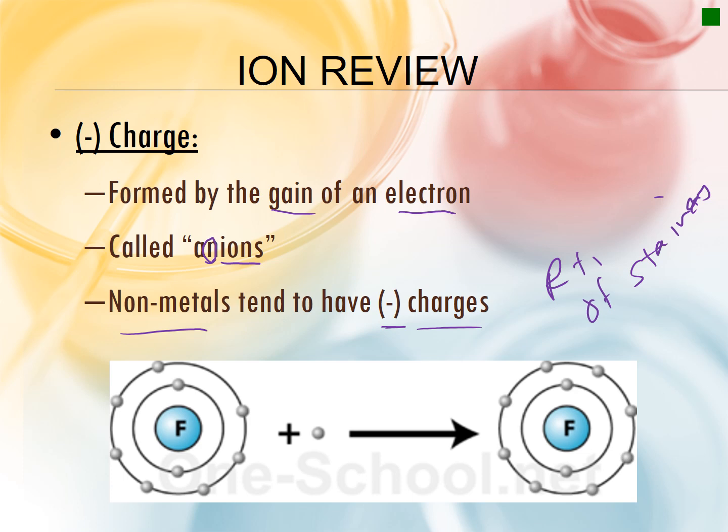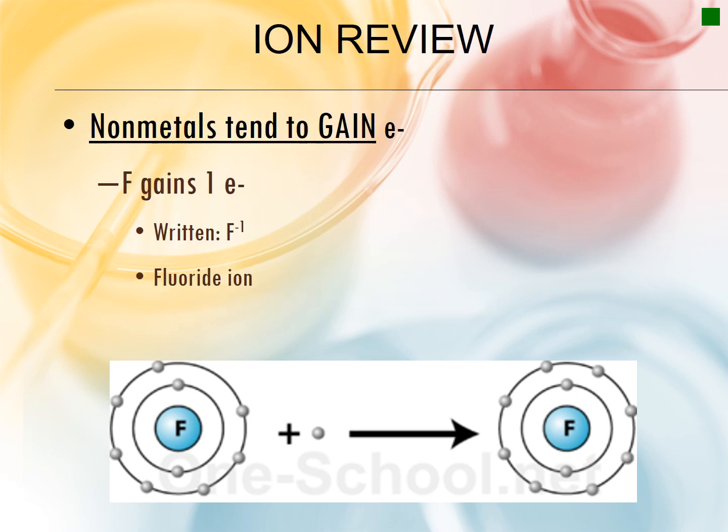So when you're looking at it, like fluorine, for example, they tend to gain electrons. Why? Because they have that little opening space. Fluorine, for example, has 7 valence electrons, so it only has that one little spot. So it's going to want to gain 1 electron as opposed to losing all of the 7. So when it gains 1, it gets that negative charge.